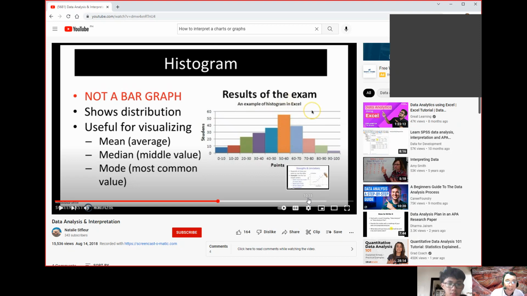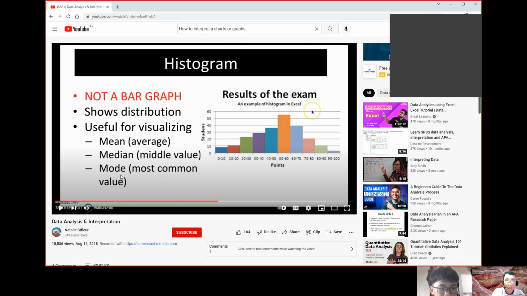Actually, one of these days we are going to study the mean, the median, and the mode. Do you have any idea what these mean? When you say mean, median, and mode, do you have any idea about this? I think mean has the same meaning as average.